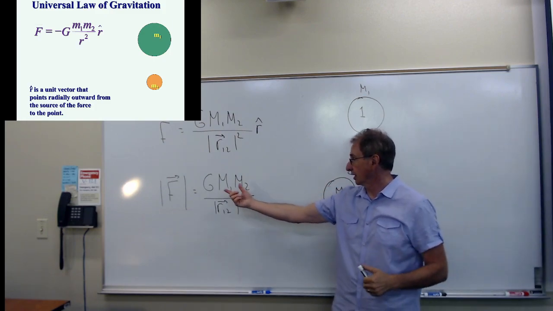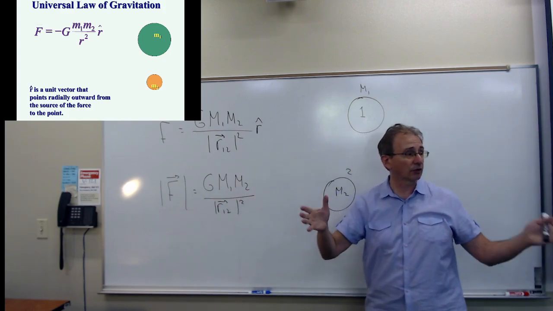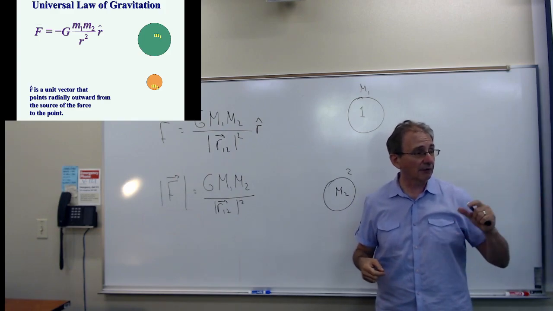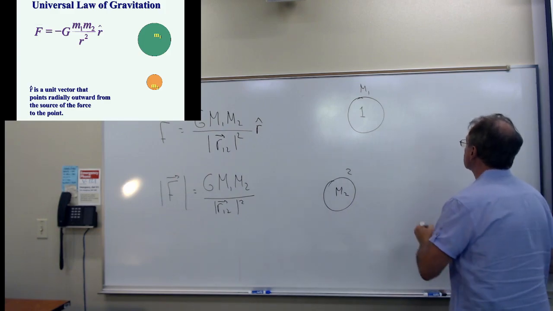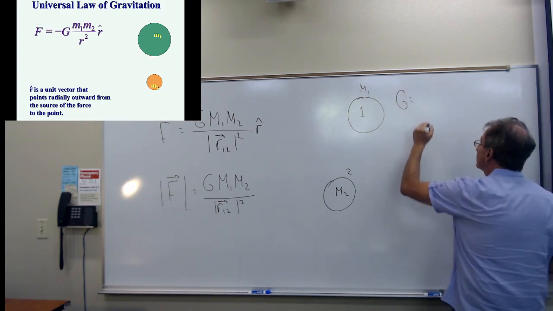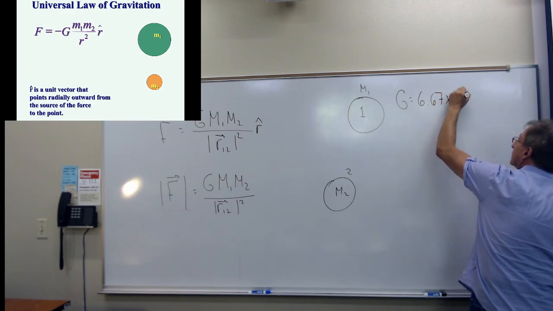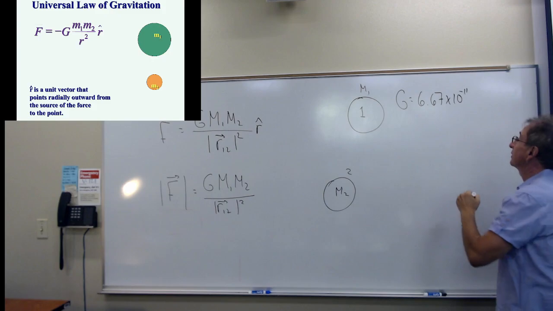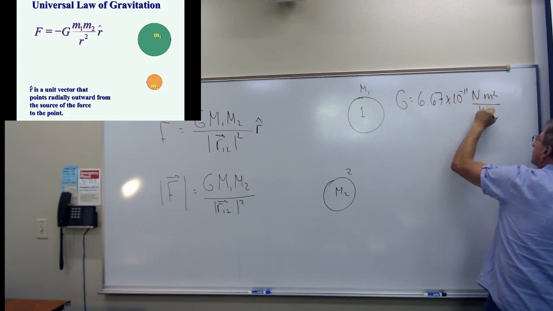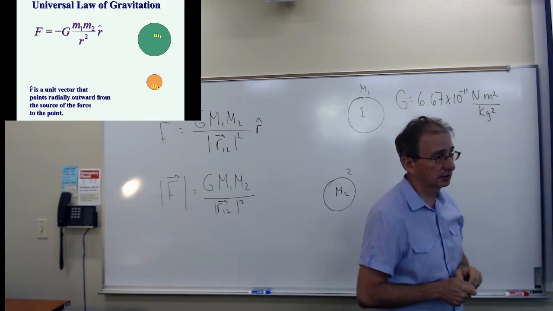Well, in this equation, at least for the magnitude, m1 and m2 are the two masses. G is the gravitational constant. So G, and we wrote this down earlier this semester, is 6.67 times 10 to the minus 11 Newton meters squared per kilogram squared.